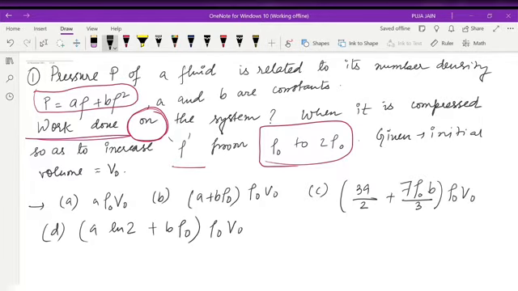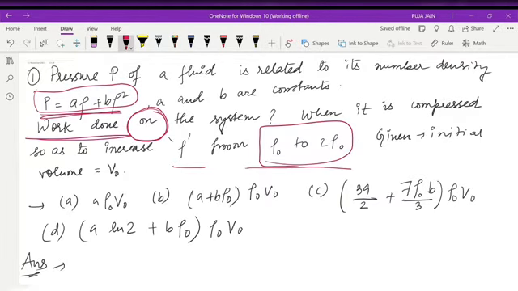Okay, now our solution. Clearly we have to change the expression of the work done in terms of density, because here the variable quantity is density and the pressure is also dependent on density. We know work done is P dV, the change in volume, but here there is a change in the number density.